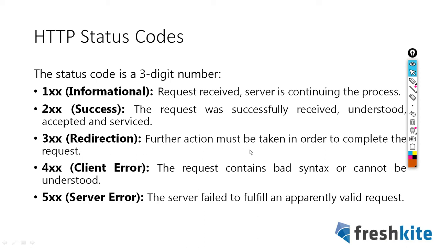So these are the status codes coming in the HTTP response. The HTTP response contains your HTML files, and that will be used by the browser to display the contents. This is how it works.